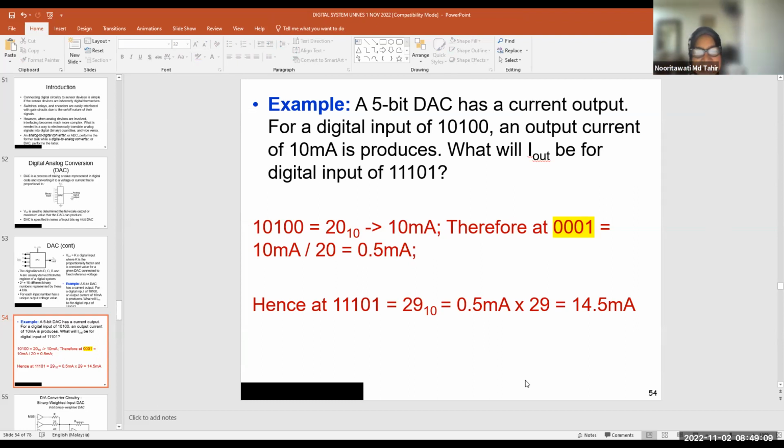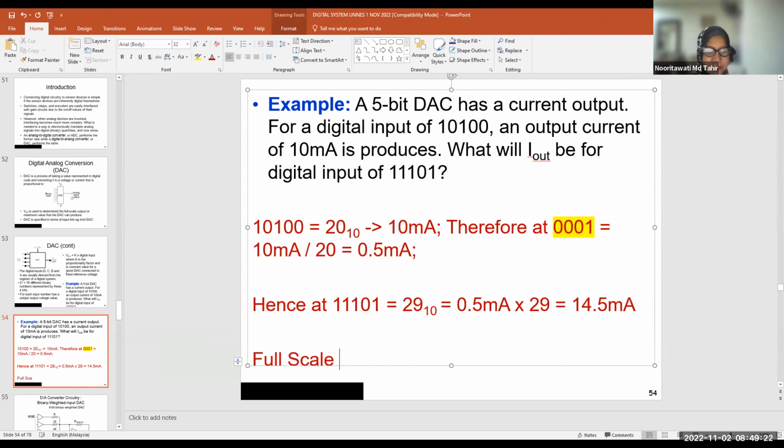Any questions on this? So what if the question asks what is the full scale current? Full scale maknanya masa bila? When the question asks full scale, that is during semua high lah kan? Azka, you got the answer. Good.